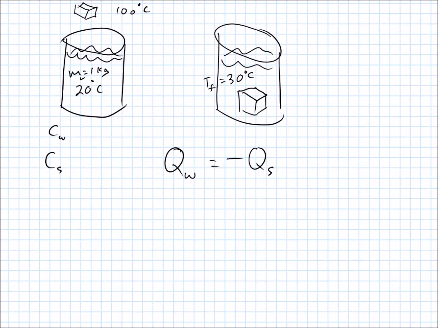I know it because I know the final temperature is 30 degrees, so it's not going to come to a boil, and it's not going to freeze, and the steel certainly isn't going to melt or evaporate at those temperatures. So the only heats involved are these.